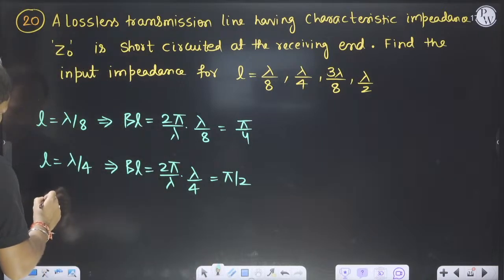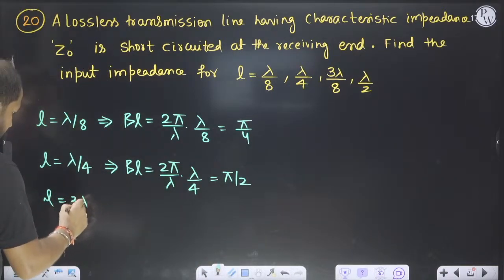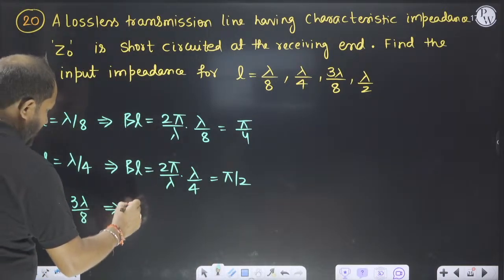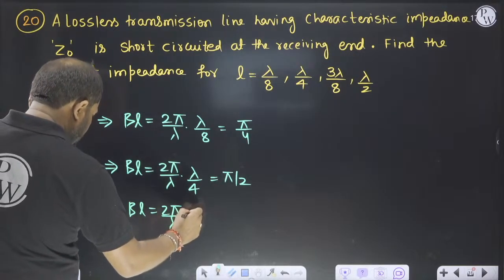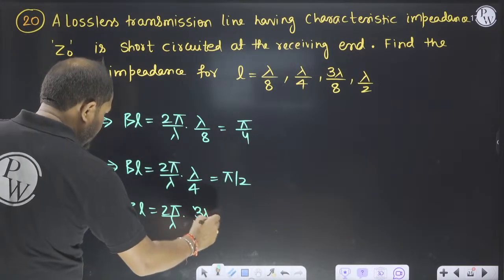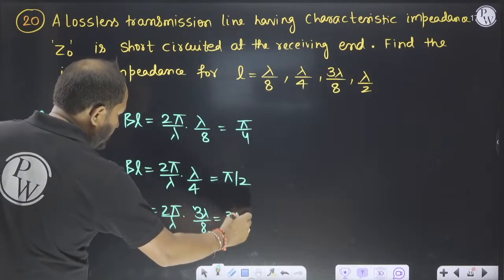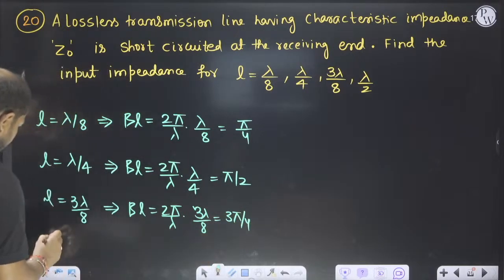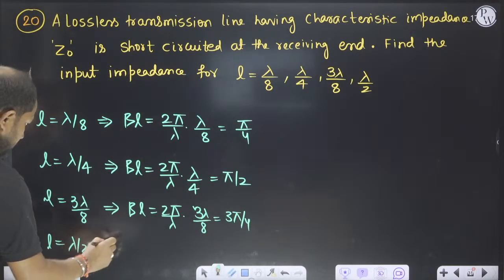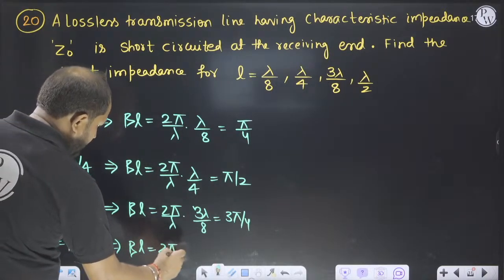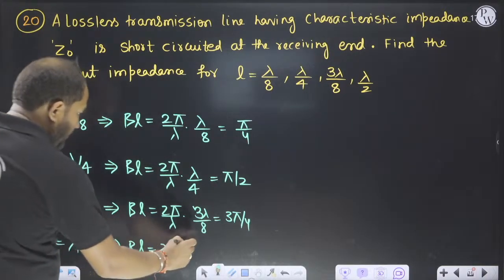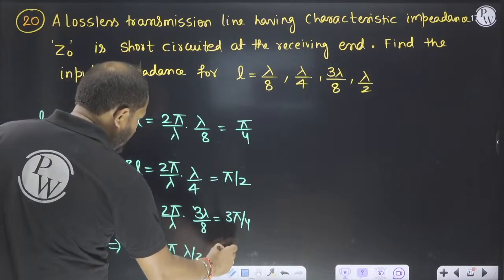And length 3 lambda by 8, beta L will be equal to 2 pi by lambda into 3 lambda by 8. That means 3 pi by 4. And length is lambda by 2, so beta L will be equal to 2 pi by lambda into lambda by 2. So it will be pi.